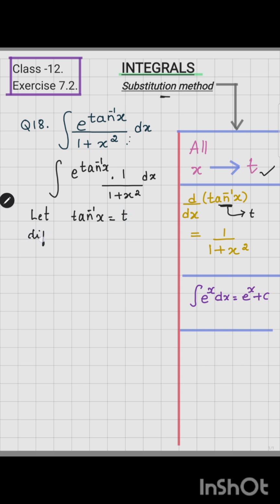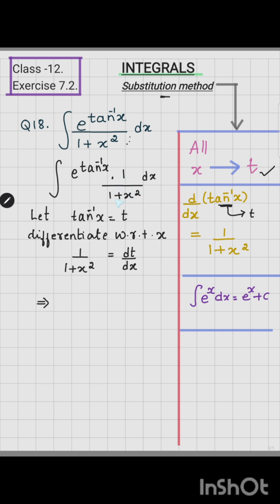Now we will differentiate with respect to x. If you differentiate with respect to x, the derivative of tan inverse x is 1 by 1 plus x square, and if you differentiate t, we will get dt by dx. Now this implies, we have to do the replacement, right?